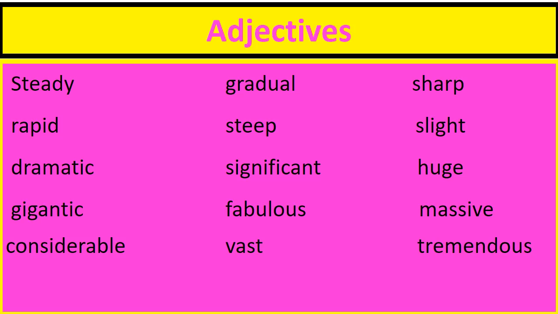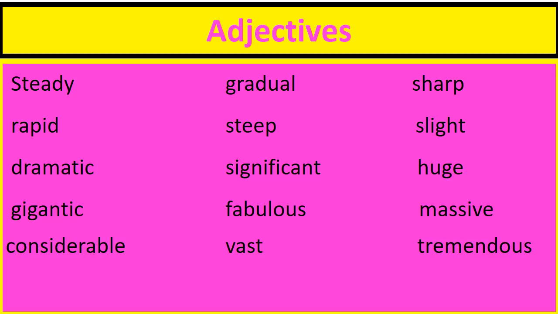Now students, we need to use adjectives to describe things in a better way. So here are some words which you can use. For example, steady, gradual, sharp.